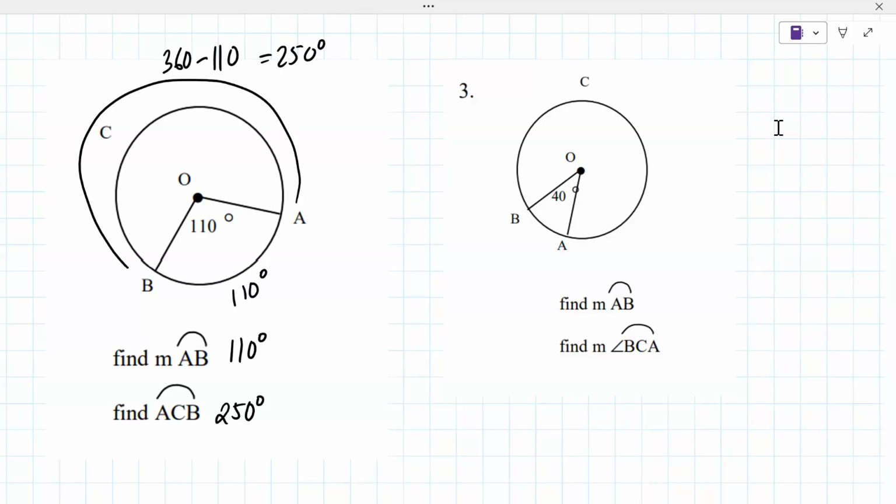For which one? There's two things it's asking for here. Oh, AB is 40, and then BCA is 320. Okay.